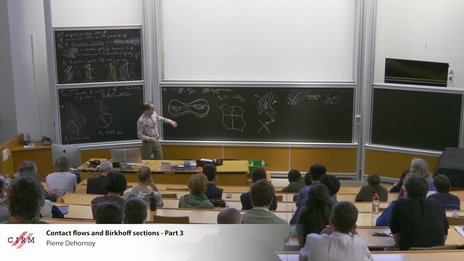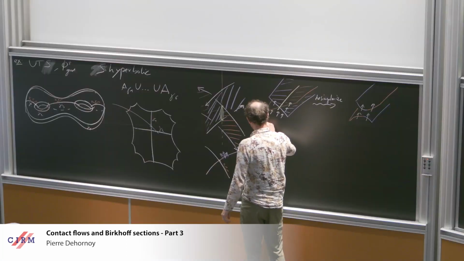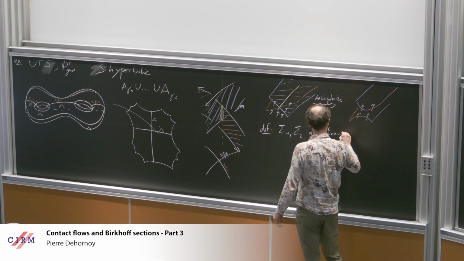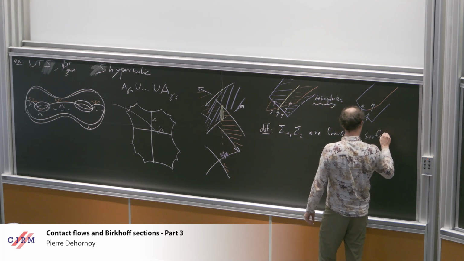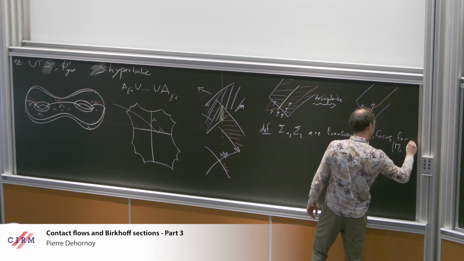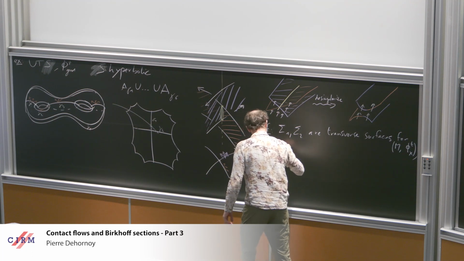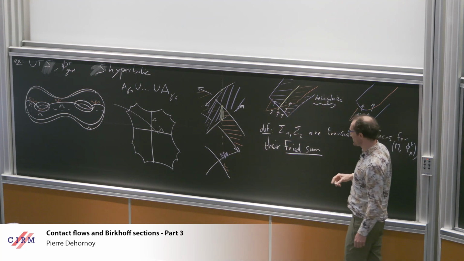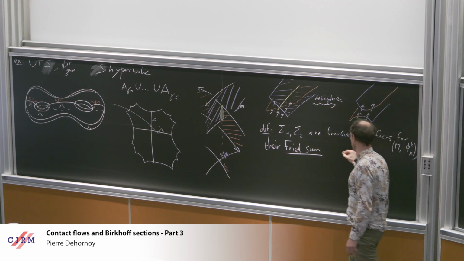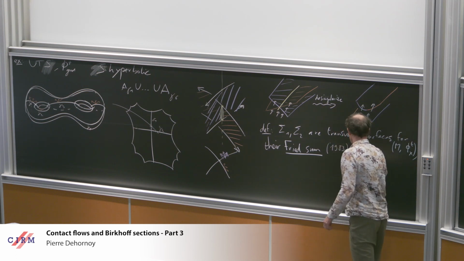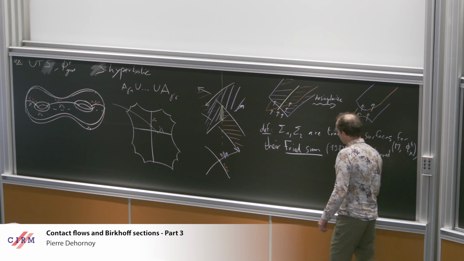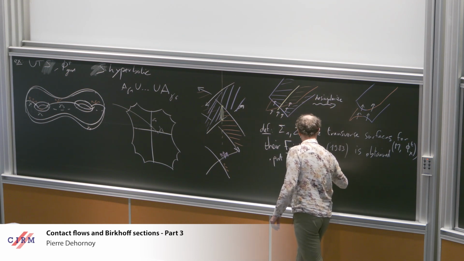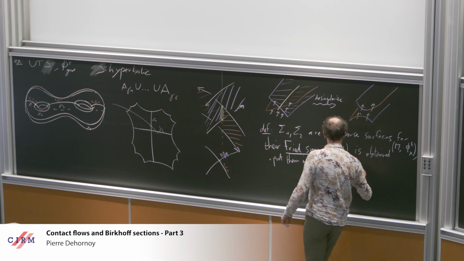Okay, and so this operation: if sigma 1, sigma 2 are transverse for the flow phi t, their Fried sum, I will call that the Fried sum because David Fried introduced it and used it in 1983, is obtained by, first, you have to put them in generic transverse position, and also transverse to the flow.